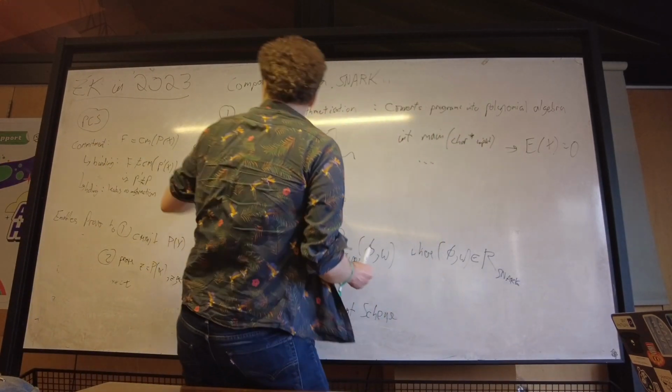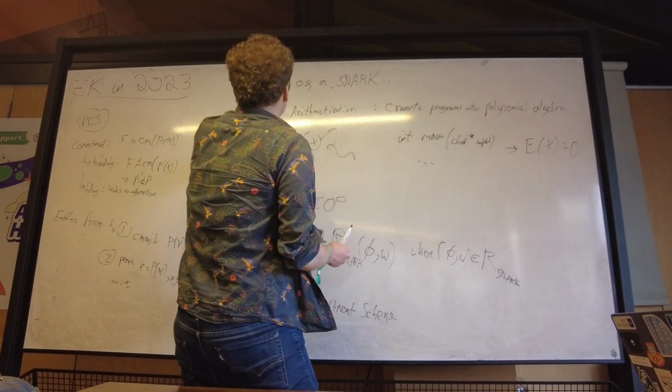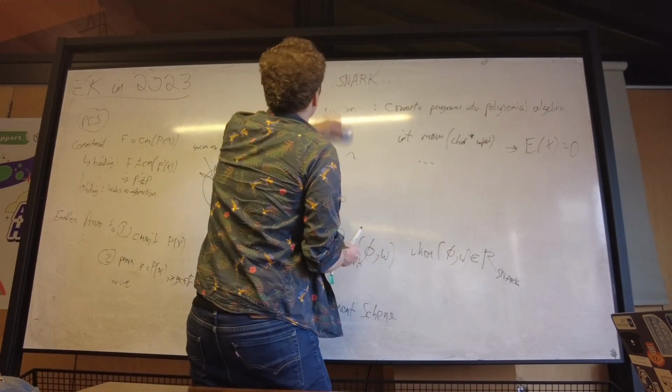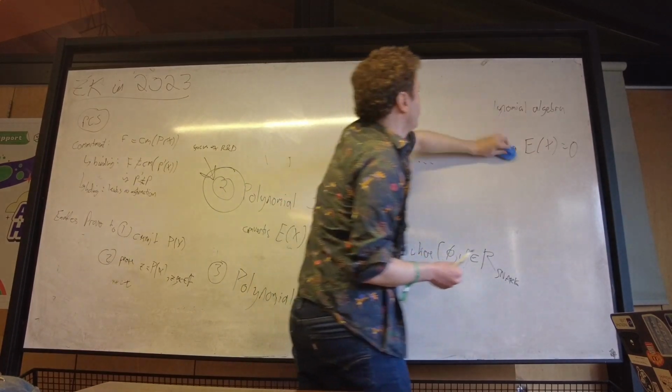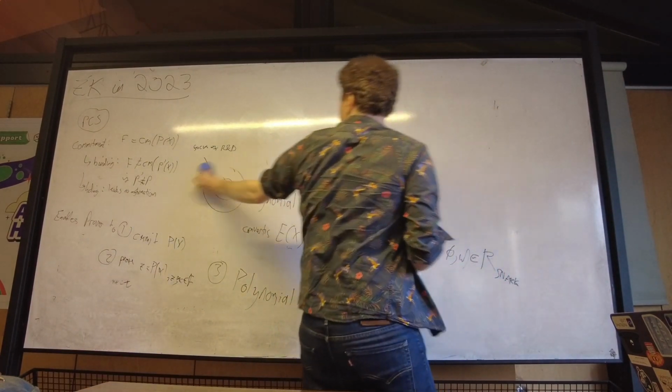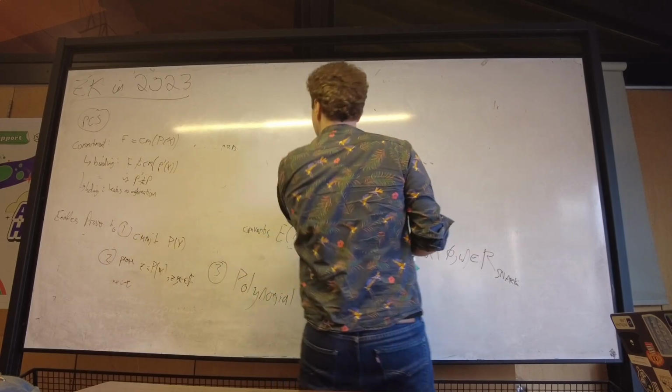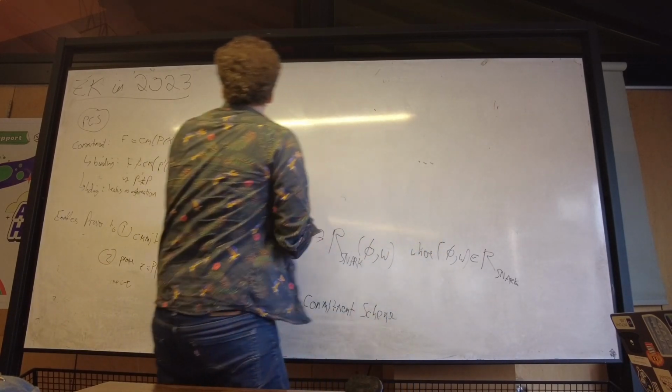So this is where I want to go into how do STARKs and SNARKs differ at the polynomial IOP level. So, just going to rub this one off.